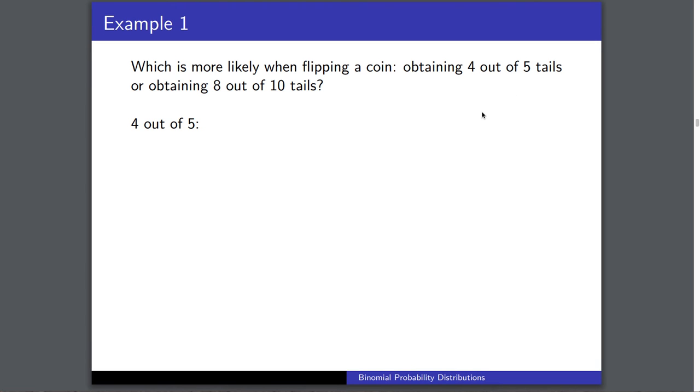So for the 4 out of 5, we have 5 trials, and 4 of them are obtaining tails, so 4 successes. So 5 factorial over 4 factorial times 5 minus 4 factorial, times the probability of success, 1/2, raised to the 4th power, times the probability of failure, which is also 1/2, raised to the 1st power.